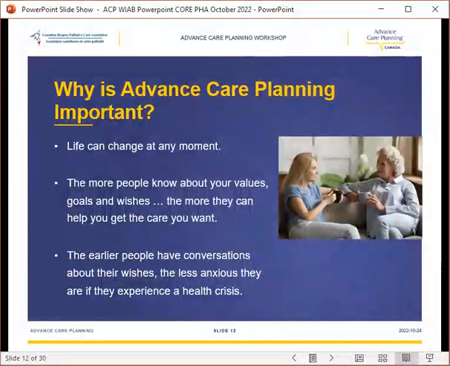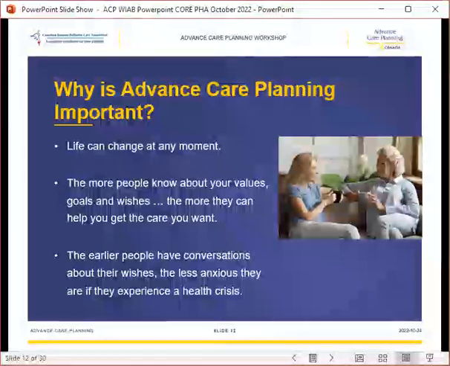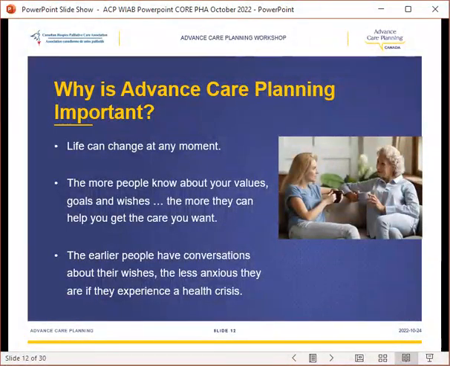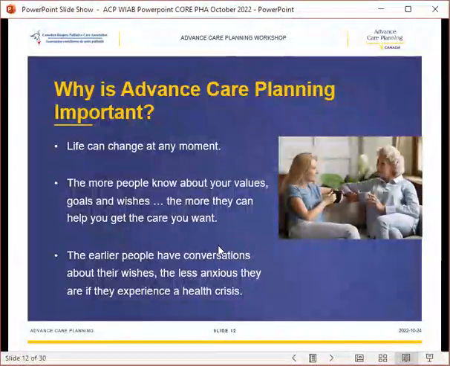And those might be things like the inclusion of our pets in the care that we receive, small comfort measures, having the things that we need in order for us to feel that we have still a good quality of life or the comfort that we would want.